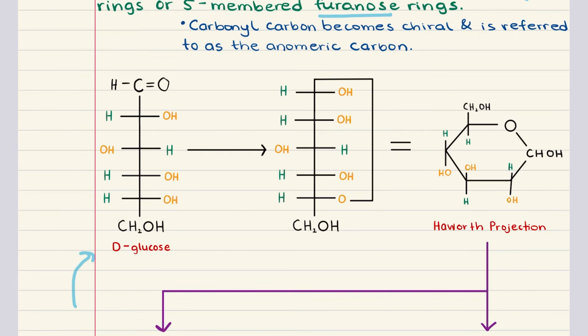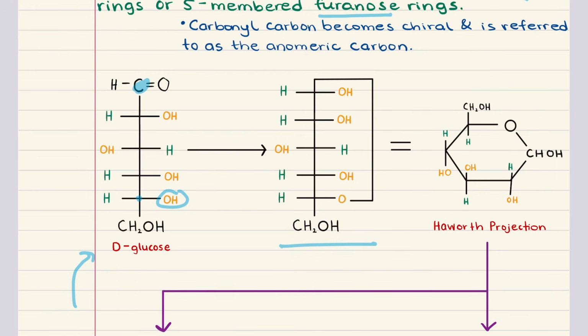In its linear Fischer projection, glucose contains an aldehyde at carbon 1, and then it has hydroxyl groups on several other carbons. When it cyclizes, the hydroxyl group at carbon 5 attacks the carbonyl carbon at carbon 1, and it closes the ring and forms a 6-membered pyranose structure.